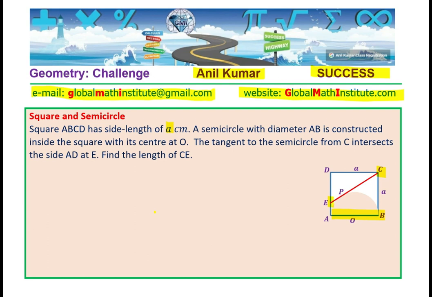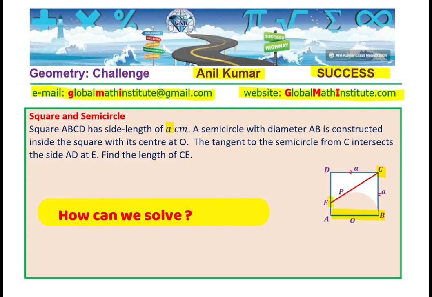Great. Now let's try to understand. The diagram is already given to us. Let's see what we need to find and how we can approach this problem. We are given a square ABCD, right? Each side has length a as shown here.